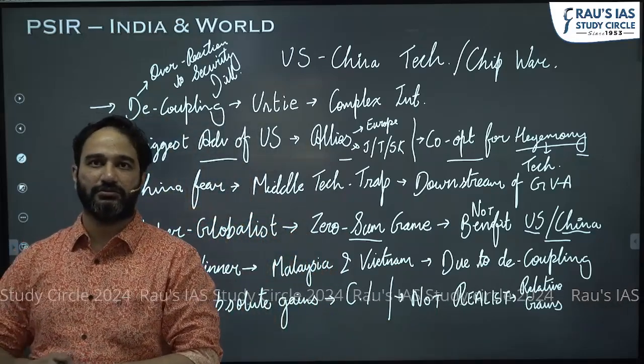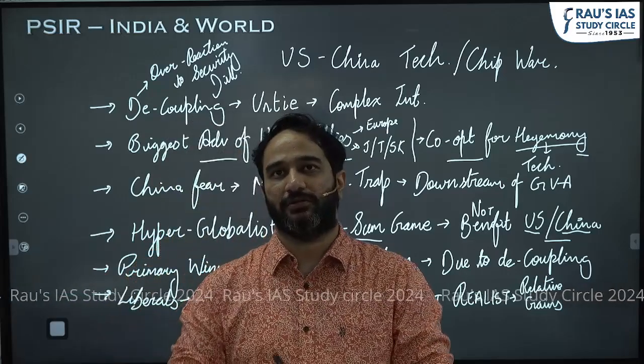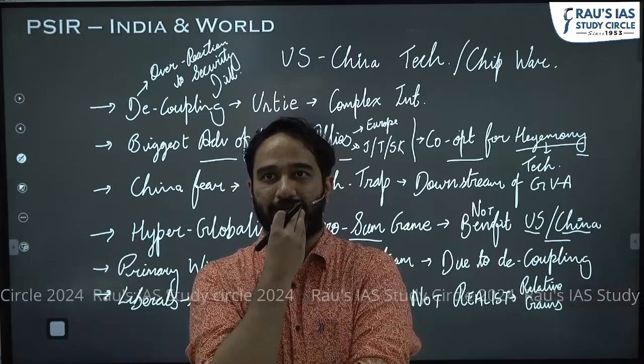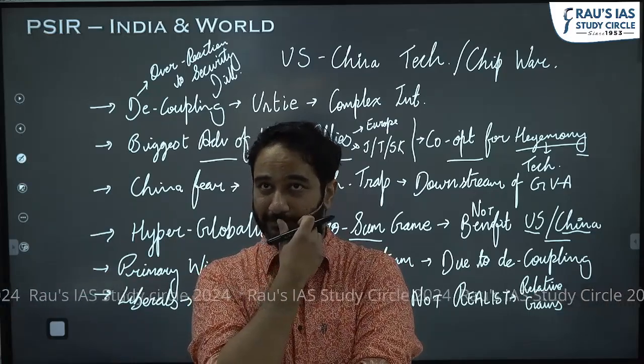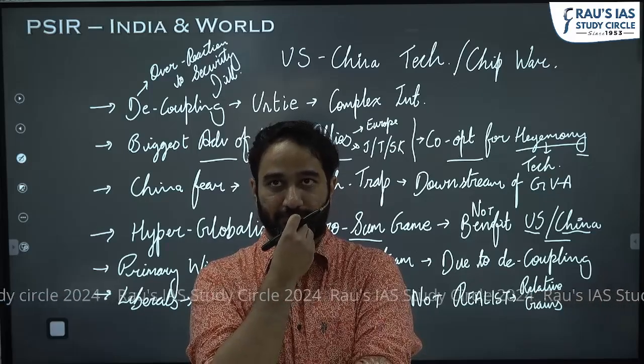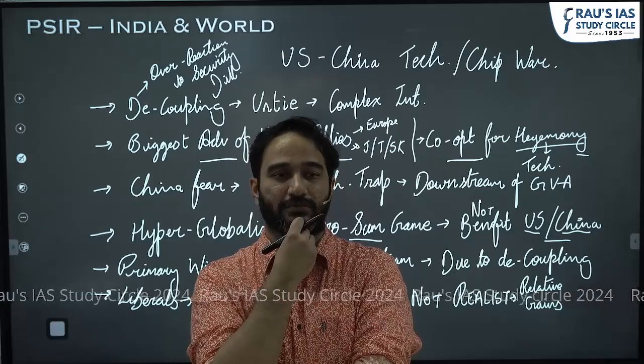Ishwar, you had a question. Yeah, sir. These companies were private entities, right? So the US doesn't have entire control over the private entities. So how come they decide what countries do?